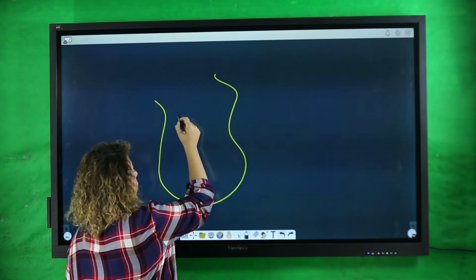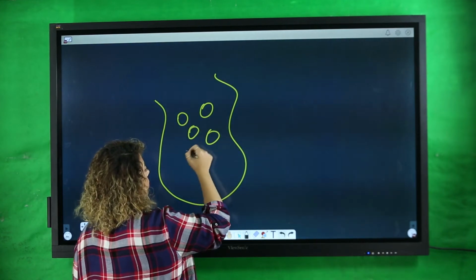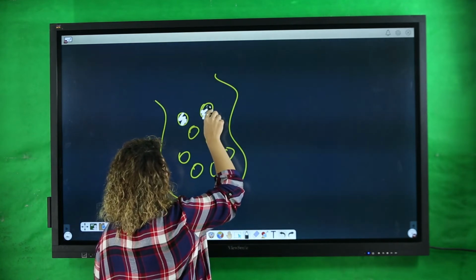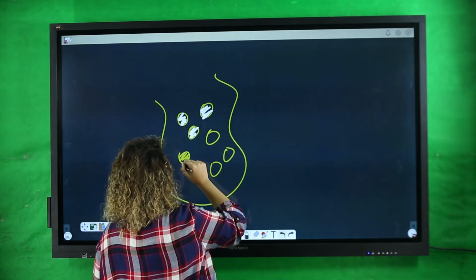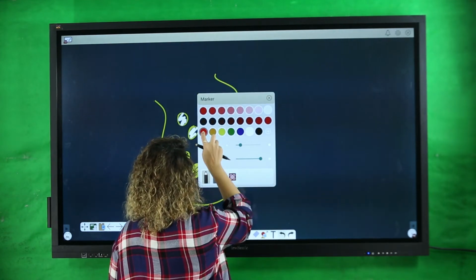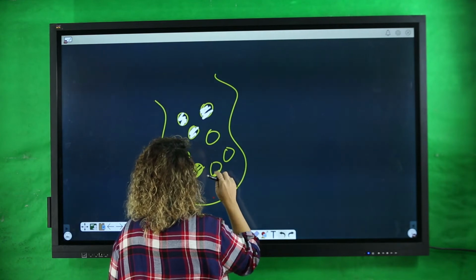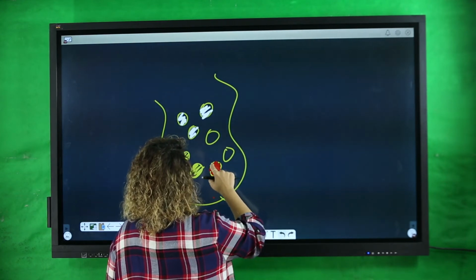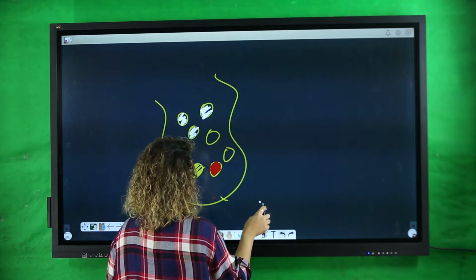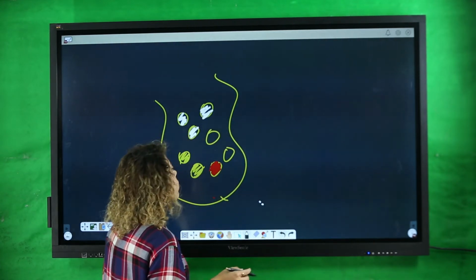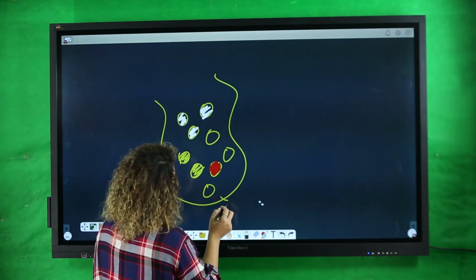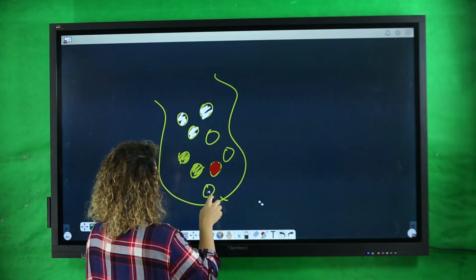For example, like we have that's white, that's white, that's white, that's green, that's red, that's red. Okay. Return back the white because we need the white. So, let's add another one. I'll make it white.